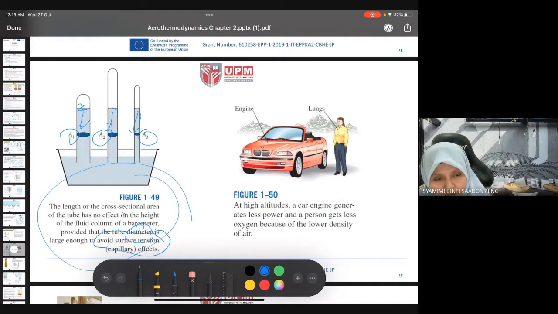Sometimes, even though the cross-sectional areas are different, the height of the fluid will not be the same, because that depends on the surface tension. So in these figures, we assume that the diameter is large enough so that the surface tension is negligible.